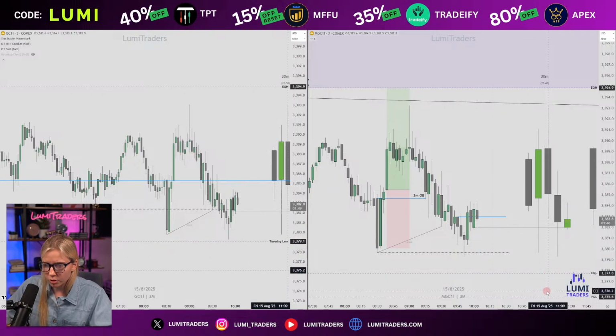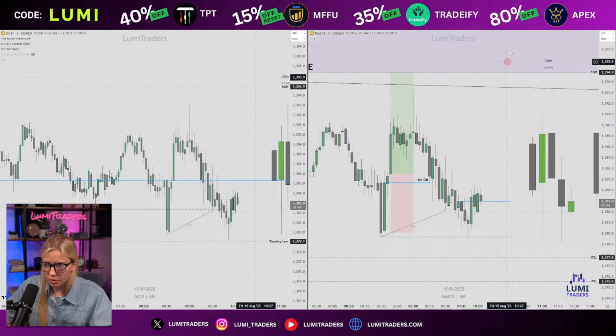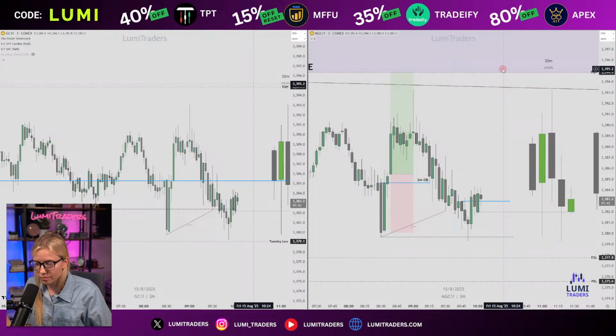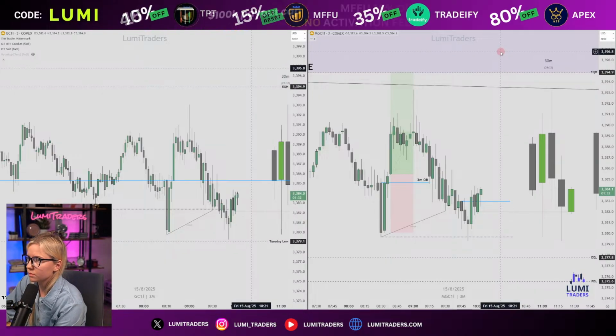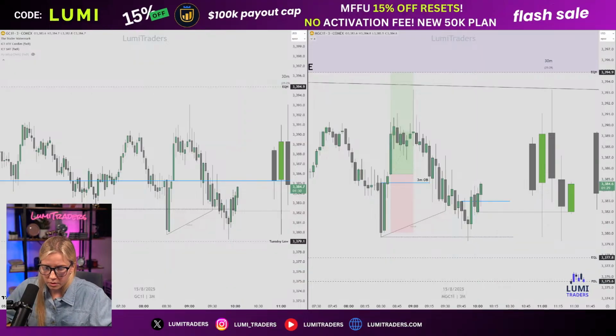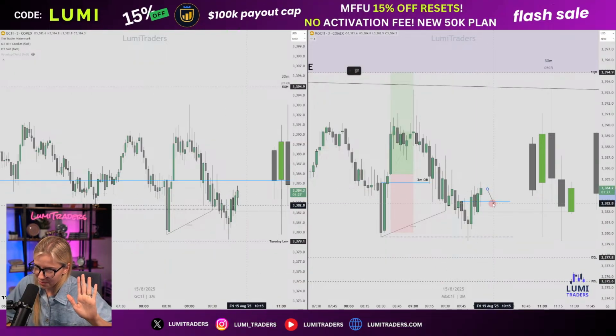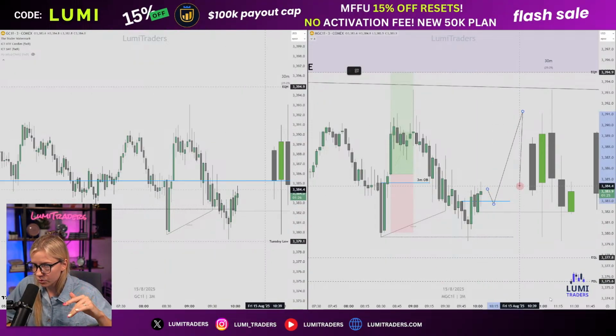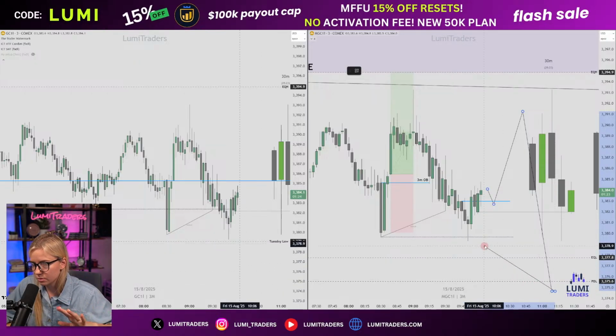It left equal lows, previous day low level lower. Also, we have untapped 2-hour fair value gap higher. I would like to see it go up first, then drop to previous day low level. Let's say I am market maker. Ideally, I would like to see it go up to drop to previous day low level first.